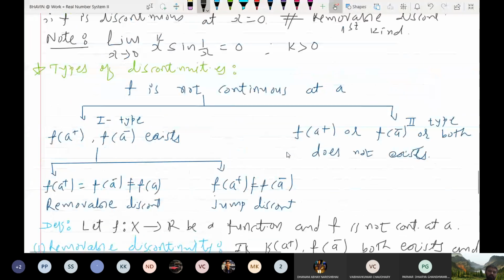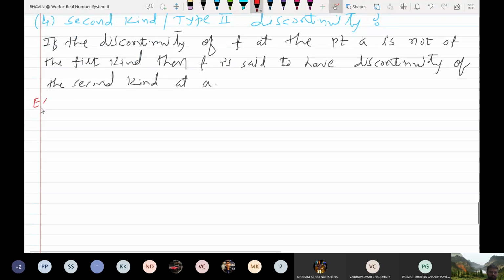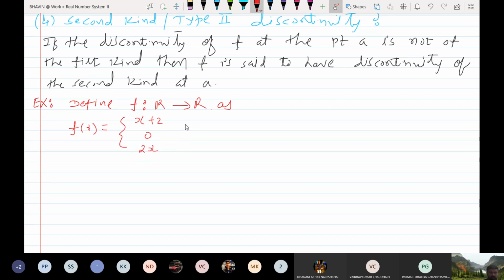Now let me take another example. Define f(x) is equal to x plus 2 if x less than 0, 0 if x equal to 2, and 2x if x is greater than 2.